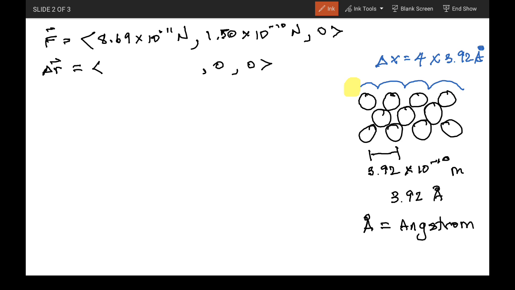And if we do that math, then we know what the delta R is. And that delta R is going to be 15.7 times 10 to the minus 10 meters. And so we now have enough information that we can write down the dot product to calculate the work.